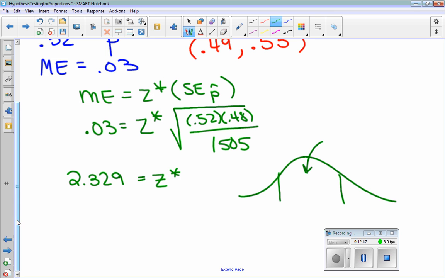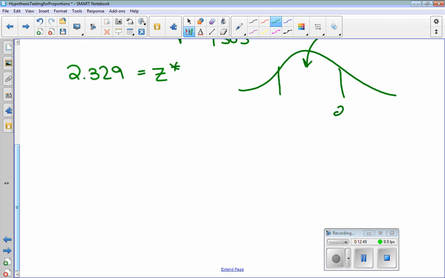And I know that the z star, 2.329, is here, which means that what's over here, if we know symmetric properties about the normal curve? Negative 2.329. Would you agree with that? You with me so far? Normal curves are symmetric. If I know the positive z value, symmetrically I can find the other.